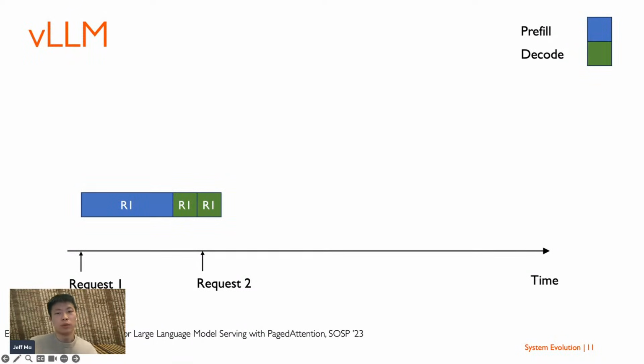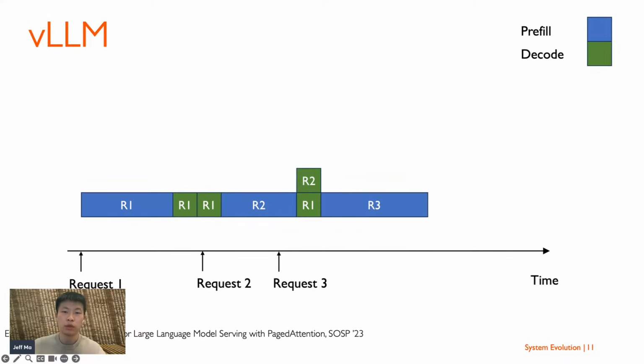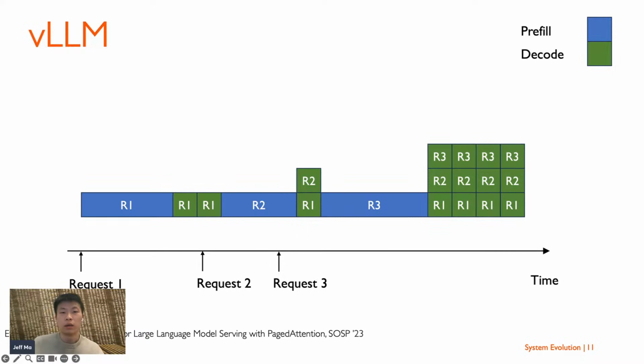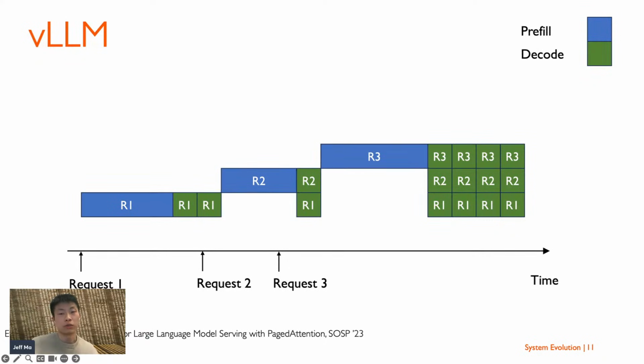Now, vLLM will perform the prefill of request 2, and then batch the decode of request 1 and request 2 to improve the system throughput. This will be similar for request 3, where prefill runs first, then vLLM will batch the decode of all three requests together. However, from each request's point of view, request 1 gets interrupted by the prefill of request 2 and request 3, and request 2 is also interrupted by request 3.